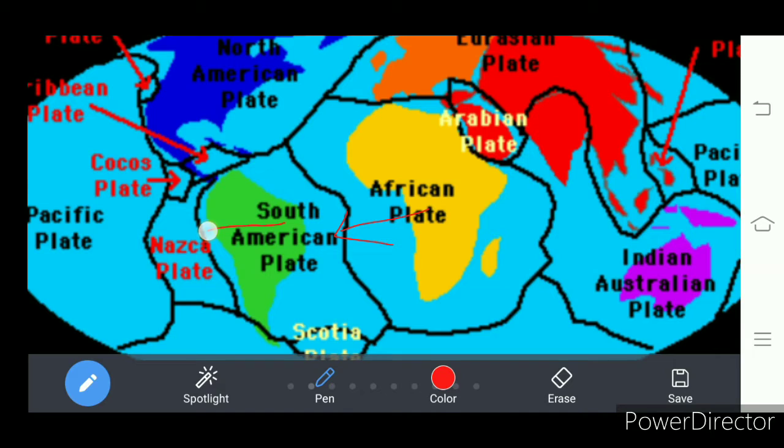So here the African plate is pushing the South American plate. The South American plate pushes the small minor Nazca plate, and the Nazca plate is pushing the Pacific plate, and this Pacific plate pushes the Indo-Australian plate. The Indo-Australian plate pushes the Eurasian plate. The Eurasian plate pushes the North American plate. Okay, at every moment there is pushing among all these plates.